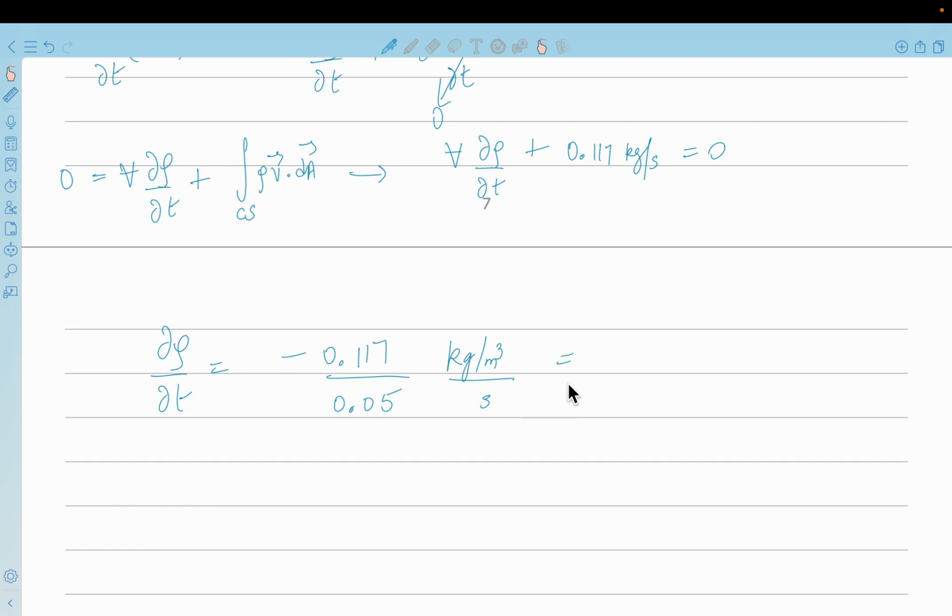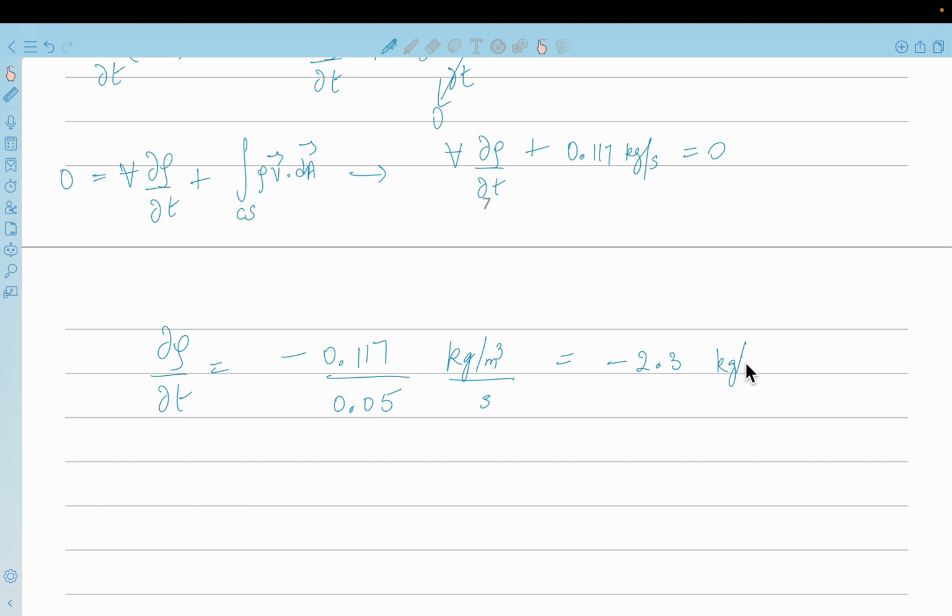So what is the value? 2.3, yes, but it is minus 2.3.